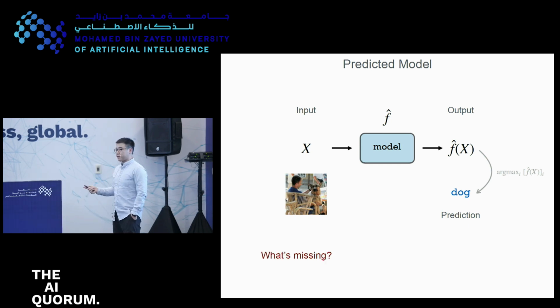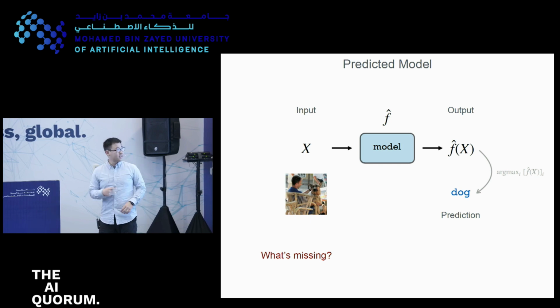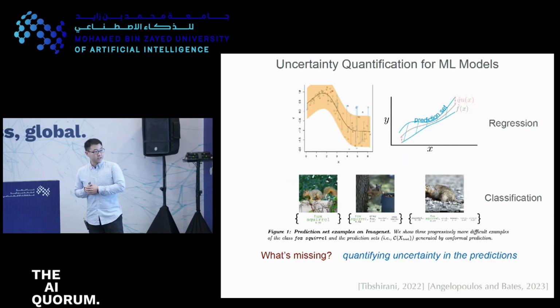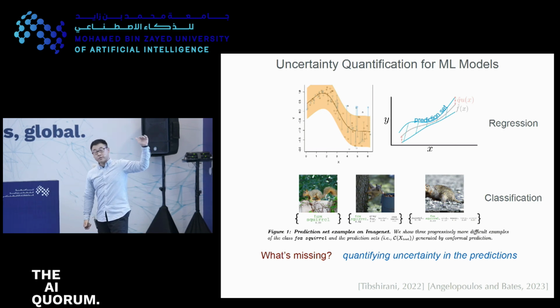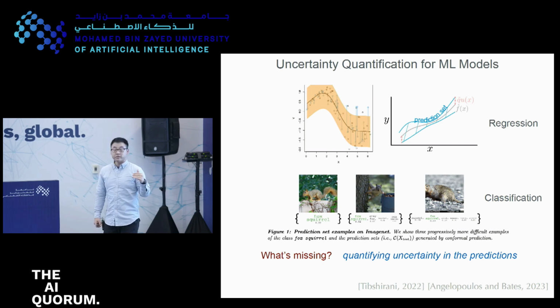So what's missing here? As Mike alluded to earlier this morning, and Alan also talked about, uncertainty quantification. In classical statistics, instead of just giving a point prediction, you also want to give an interval, a confidence interval. In the first row, I'm showing a few regression examples.